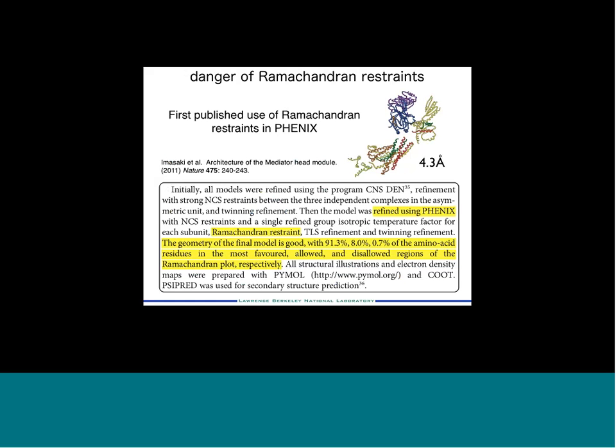Saying in your paper what the final Ramachandran geometry is is a fairly meaningless statement because, of course, your Ramachandran statistics are good. You've optimized to them. And so you've got to be careful in your methods, saying that we did use these restraints, and so using that as a validation metric is no longer really a viable option.